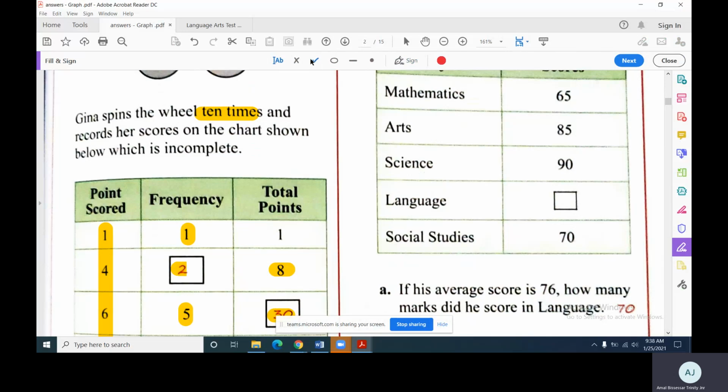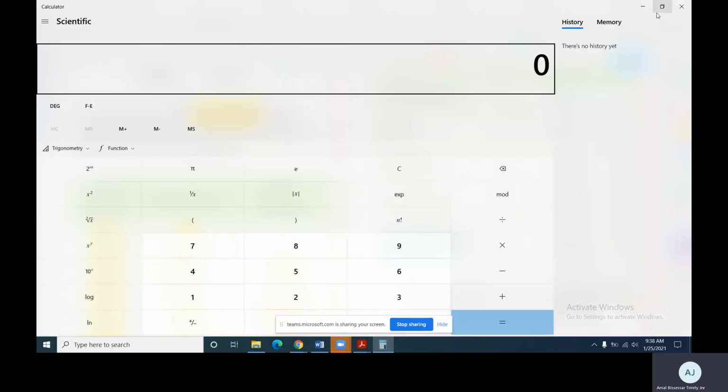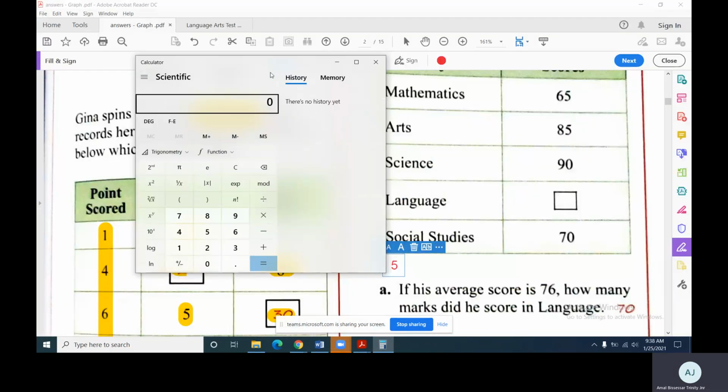And in the 5 tests that I did, it adds up. Let me use the calculator. That'll be easier to maneuver. I would have gotten 65, 85, 90, and 70, which is 310.